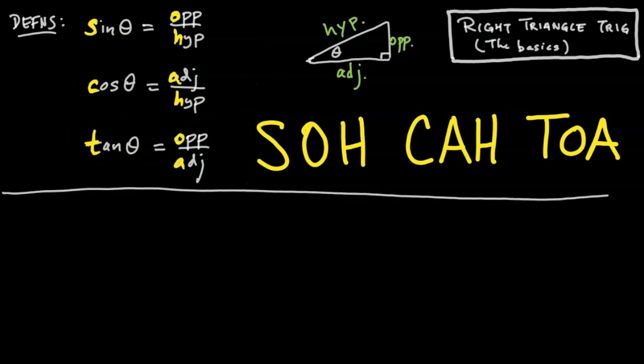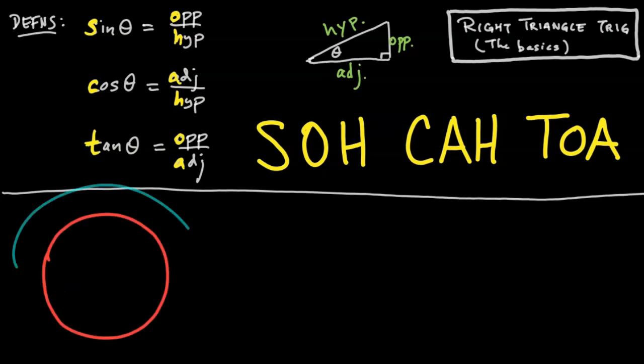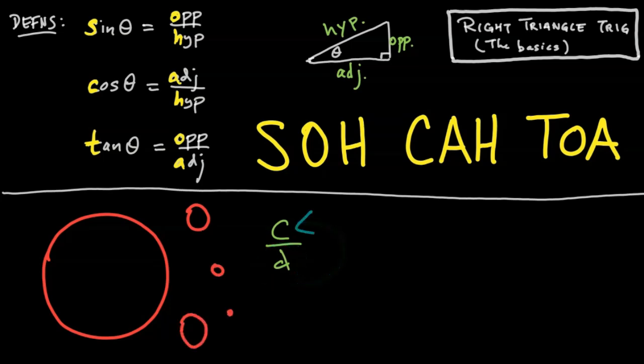And now, let's get into some specific numerical examples. After all, when we did the analogous stuff with circles, we said, well, all right, I've got a circle. I know that the circumference to diameter is the same on all circles because all circles are similar. So how many times does the diameter go into the circumference? Well, measure it on one, and it's as good as measuring it on any. Here's the diameter.